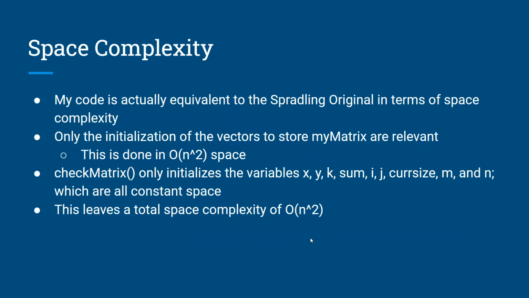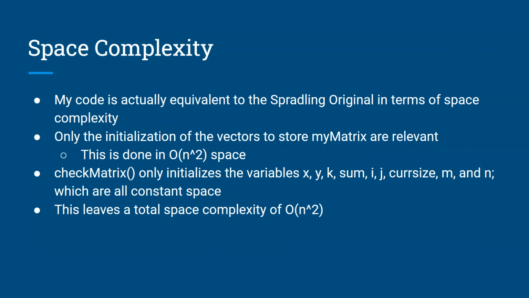In terms of space complexity, my code is actually equivalent to the Dr. Spradling original. The only thing that is really relevant here is the initialization of the vectors to store my matrix. That's done in big O of n squared space.